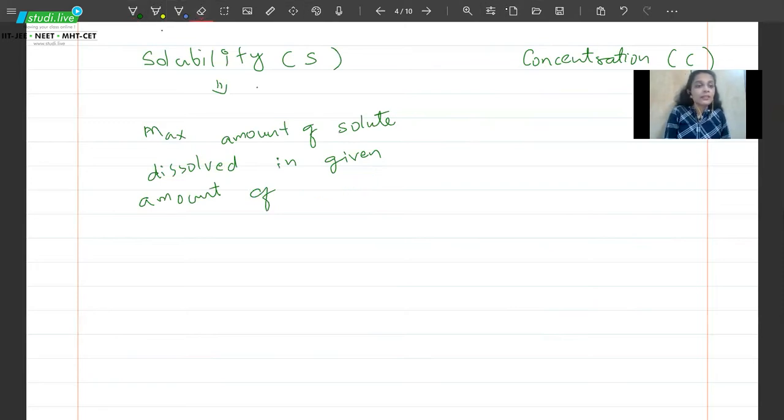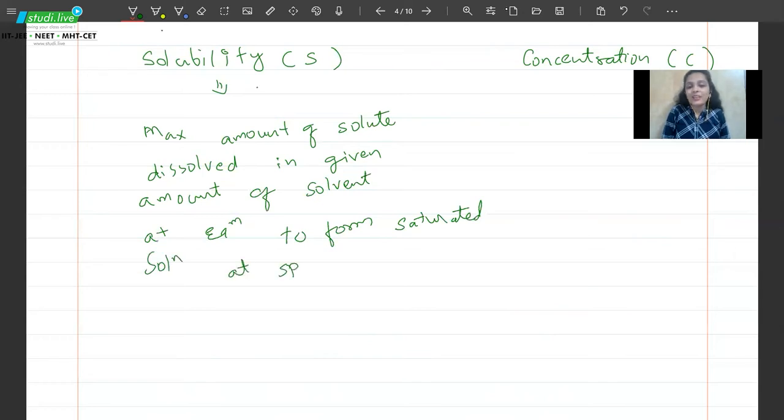Okay, the given amount of solvent at equilibrium, what else are they forming? The equilibrium. So at equilibrium position, can I say that is a saturated solution? That is, to form a saturated solution at a specific temperature.